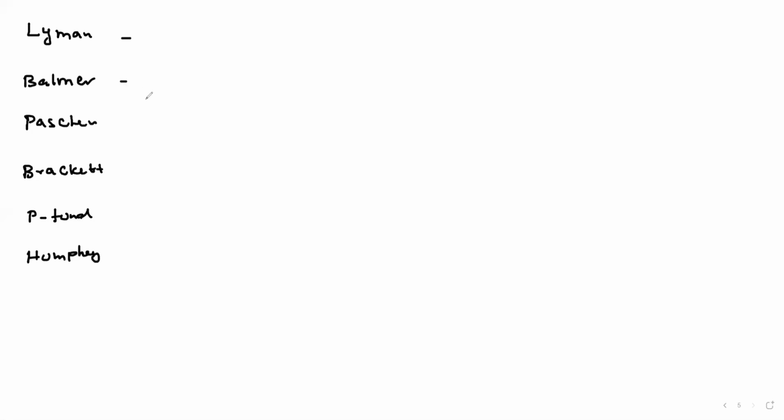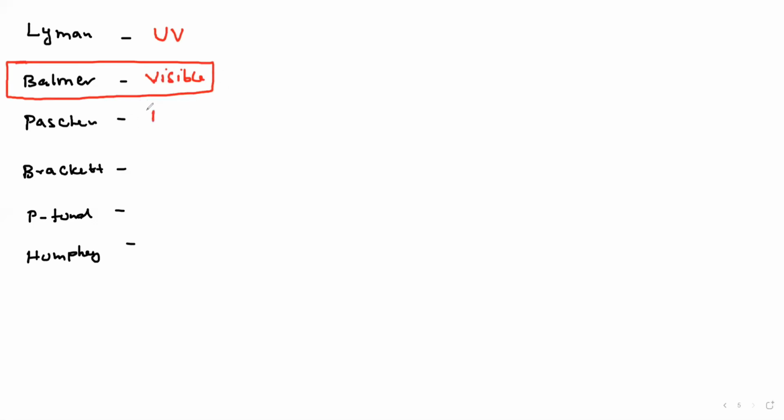Now what is the range of these series? Very important. The Lyman series is in the UV range, and the Balmer series is in the visible range. Only the Balmer series is visible. The other four are IR, infrared series. This is very, very important.